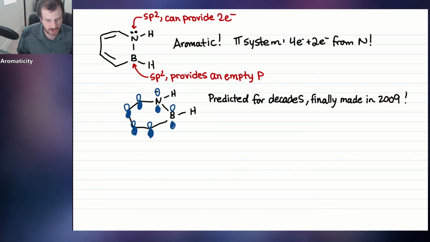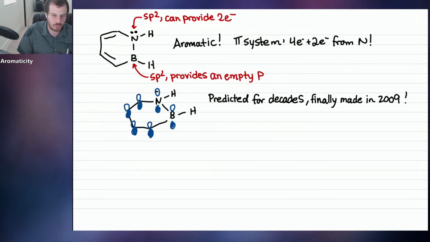It turned out to be kind of tricky to make, but they did finally make it and prove what they had already suspected, which is that this is an aromatic compound. And that is amazing. And that is extremely gratifying as a chemist to be able to predict a property, predict a molecule that will fit that property, and then even though it took 30 years to make it, you're finally validated, knowing that you really got it right when you predict something that doesn't even exist yet and then it fits the mold.